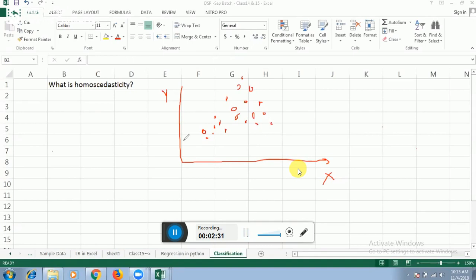Here you have very less variance, but if you look at this one, the variance is very high. That means the variance is not constant over the x. This is what we call heteroscedasticity. If the data is following homoscedasticity, I'm expecting that the variance is constant.